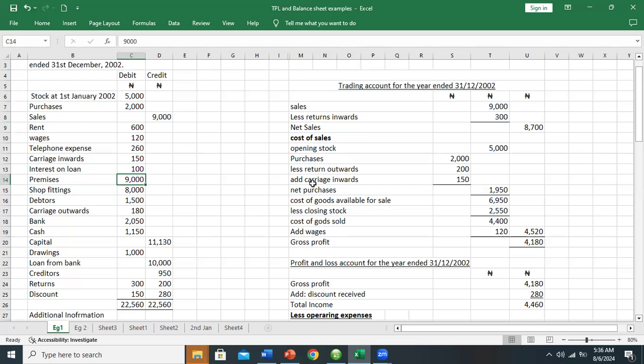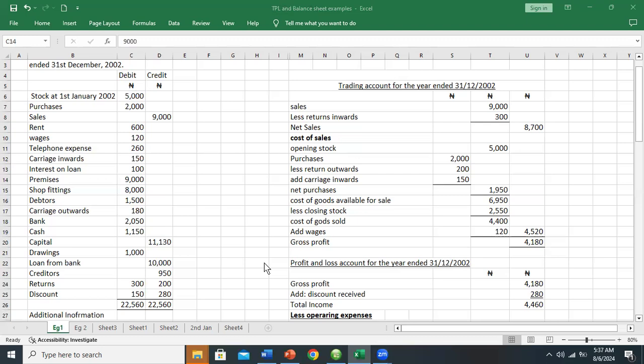Let me ask Prof. Alexia and Prof. Frank. Premises, is it an expense? I think Prof. Alexia, you would type in the chat first before Frank answers. So premises, what is it? Is it an expense? If not, what is it?